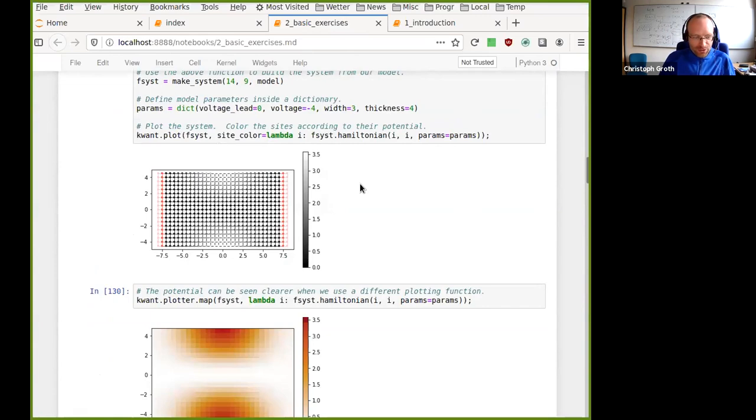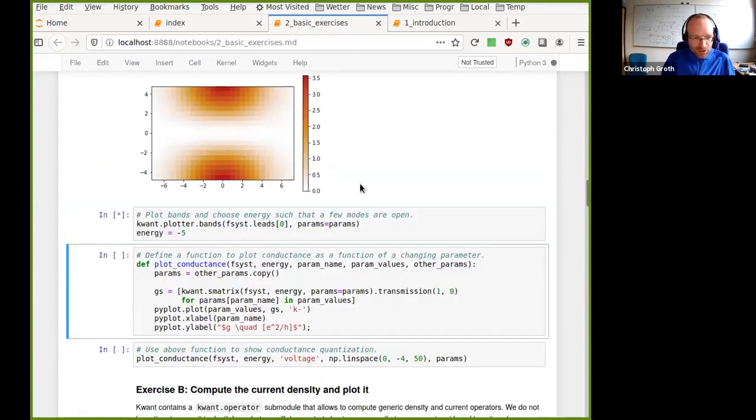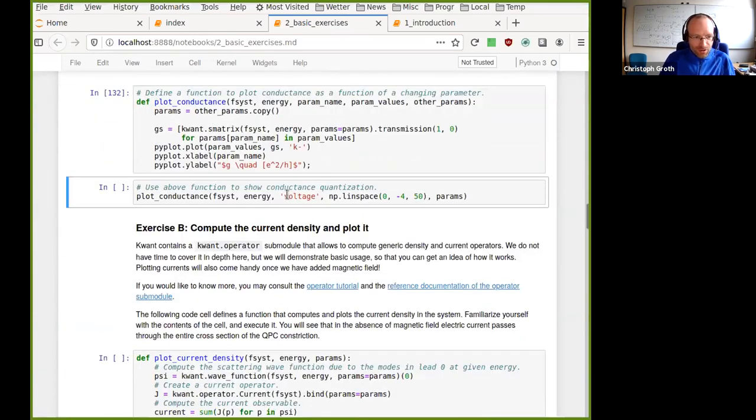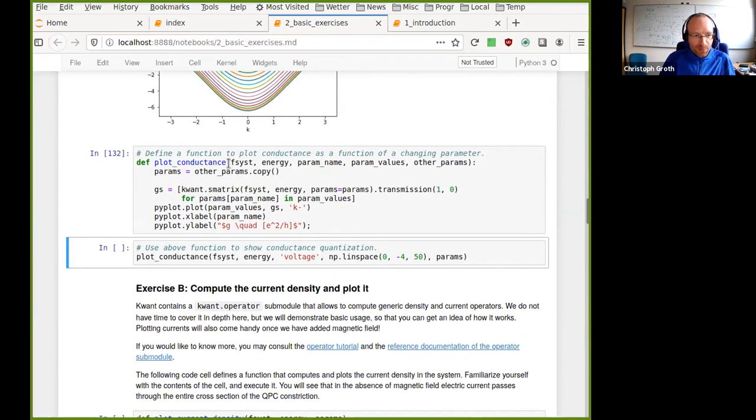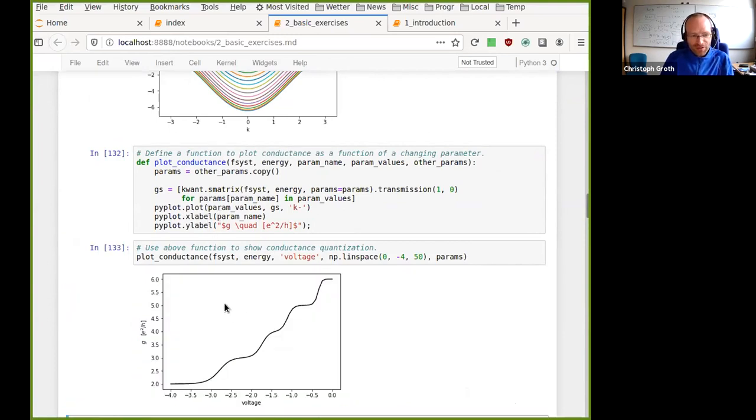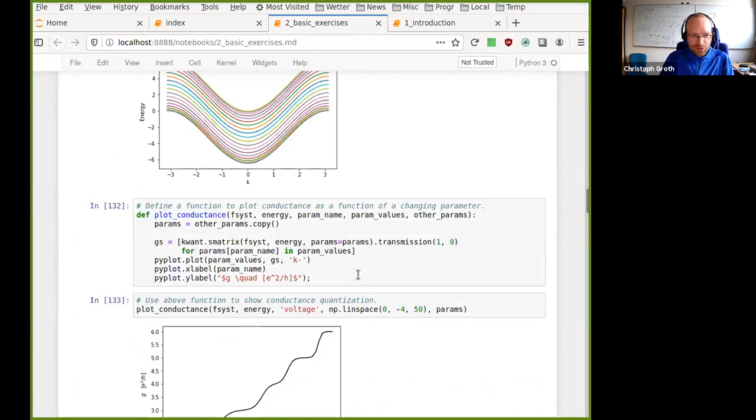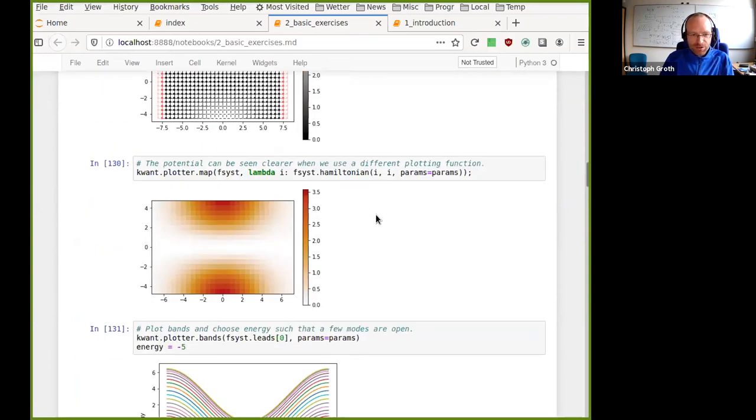For example, this calculation of conductance, the plot conductance thing, on my laptop, which is a 10-year-old laptop, takes like 2 seconds. But on binder, when I measured, it took around 35 seconds. So be a bit patient with this. Otherwise, you can ask questions in the breakout rooms, and good luck.